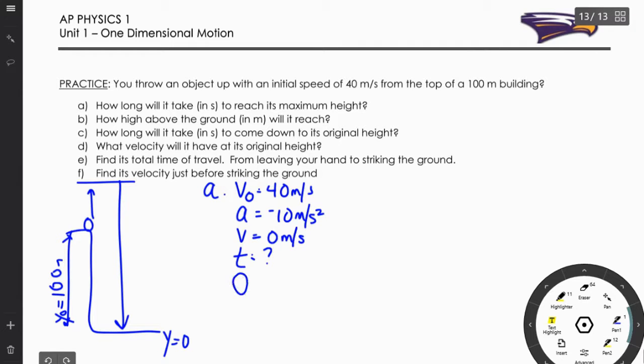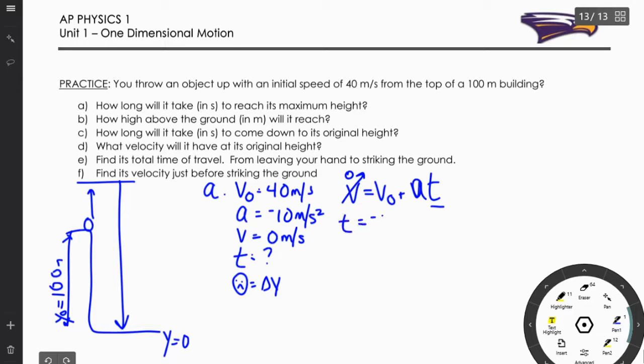And the one thing that we don't have is our displacement. We don't know how high it goes up off the ground. In fact, if you look at part B, that's what we're looking for. So we're going to use the one equation that does not have displacement in it, which is v equals v0 plus at, where v is going to be 0, and we're going to solve it for time.